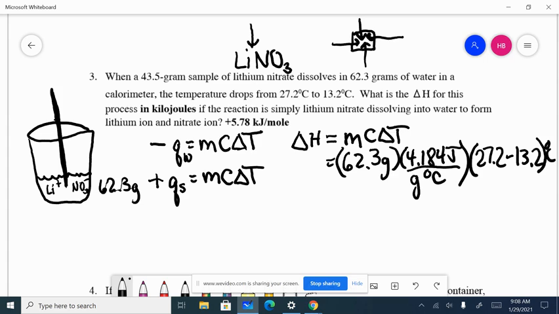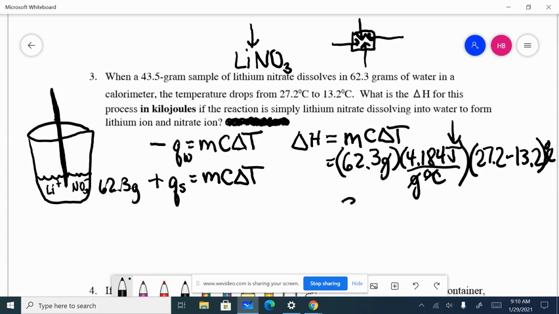So if you notice, the grams cancel and the degrees Celsius cancel, and I'm going to be left with units of joules in my answer, which we will have to change to kilojoules because that's what it's asking.